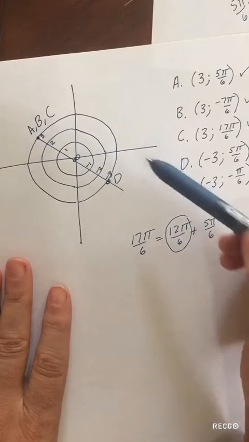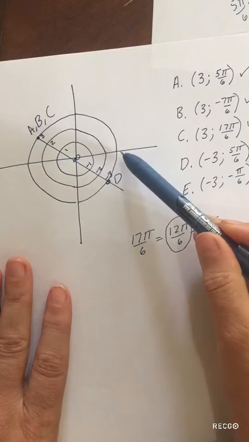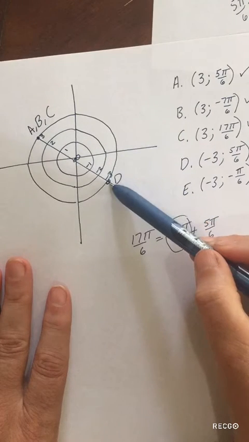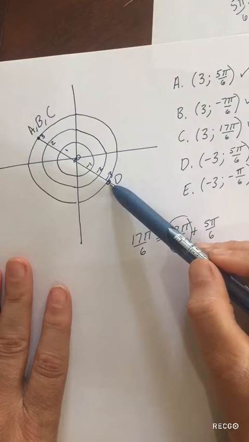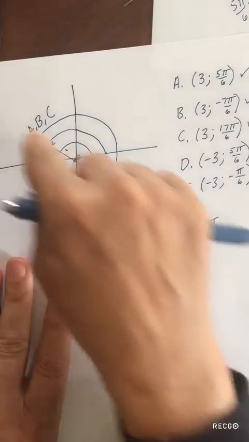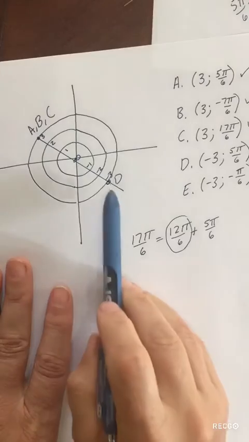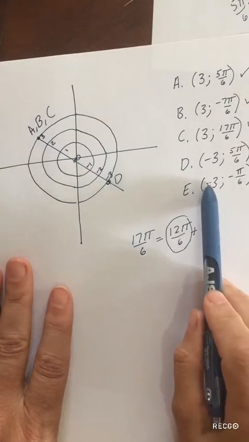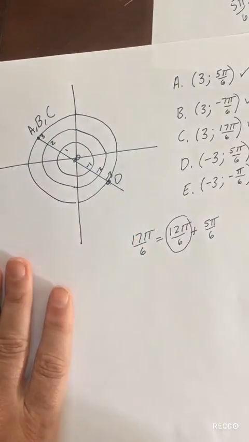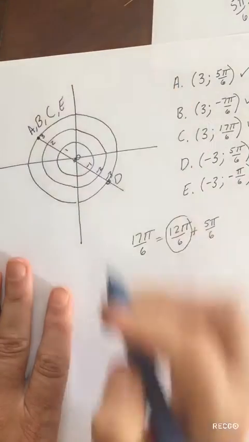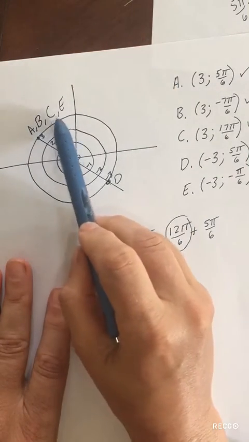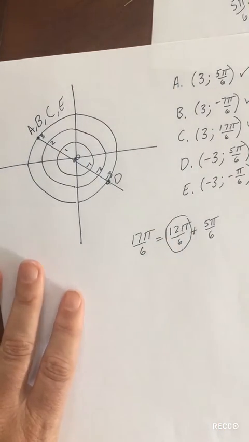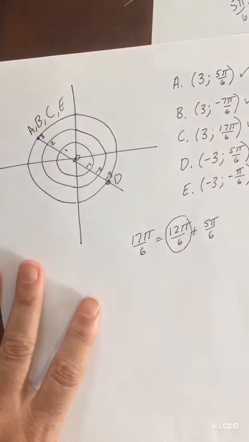If I turn negative pi over 6, it's going to turn me here. That will be on a radius of 3. But this time, basically the numbers have to flip, right? So the last thing I'm going to do with the negative is make it flip up there. So it turns out that A, B, C, and E are all going to be the same point, and D is the only one that's different.